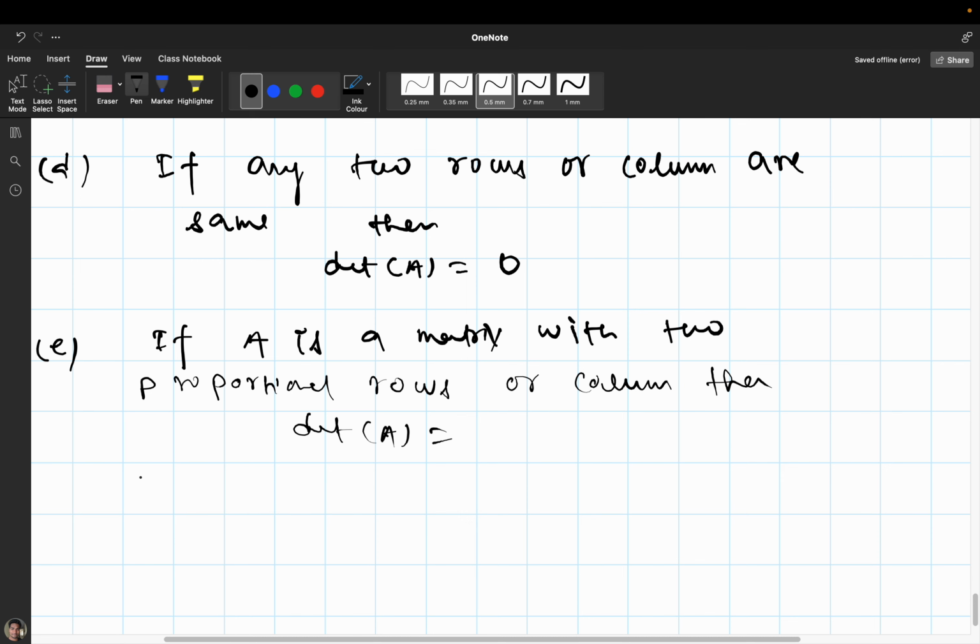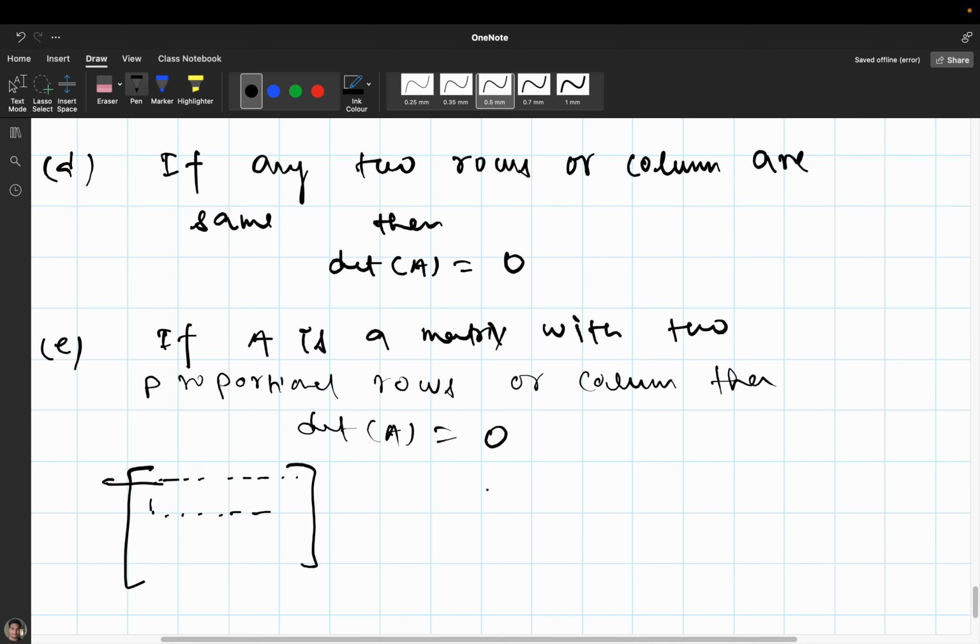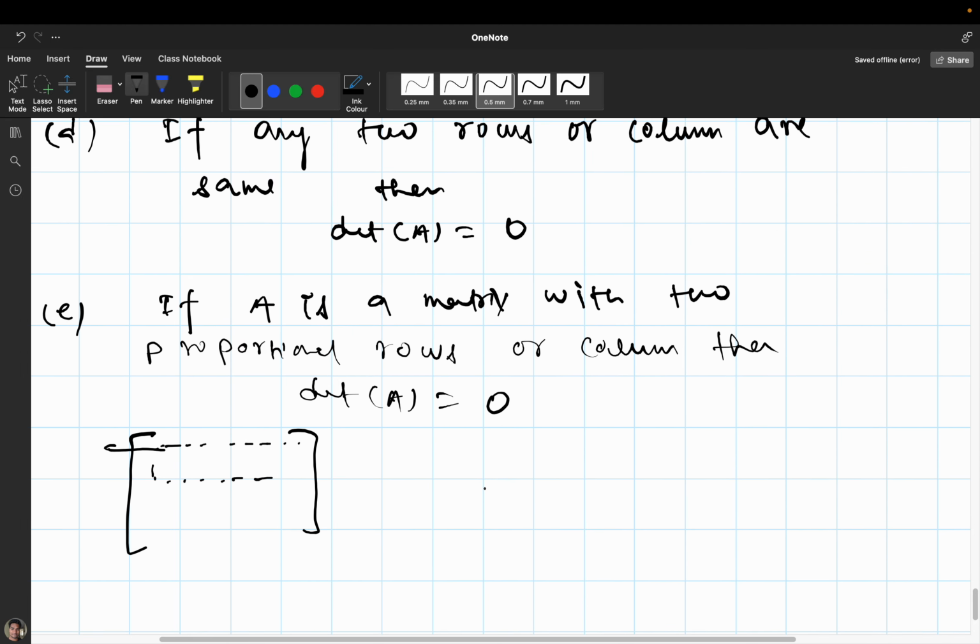I am saying, suppose you have a matrix such that this particular row is directly proportional, something like k times this. Then what will happen? You can directly take the common factor out, which means that these two rows will be exactly the same. Which means that determinant of A will become 0, right? Yes. Tell, yeah.